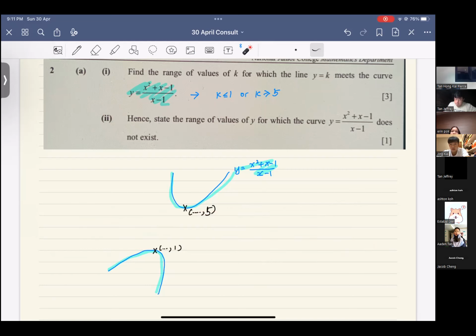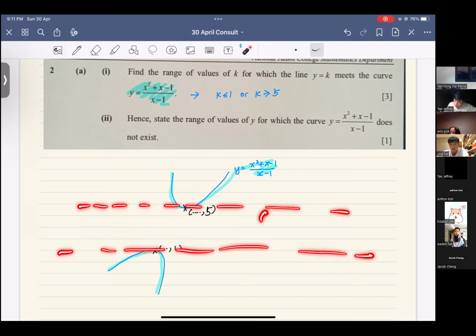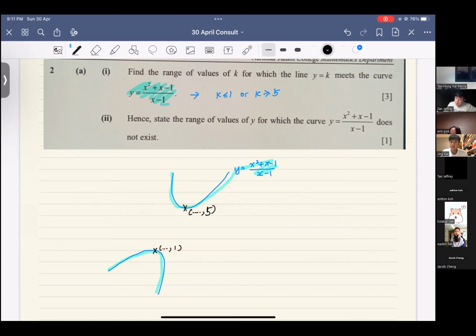So in this no man's land, where your y is between 1 and 5, the line will not touch the blue curve. That's why part 1 is so pathetic. They only give 1 mark because it is a hands question. The answer is just k between 1 and 5. That's all.